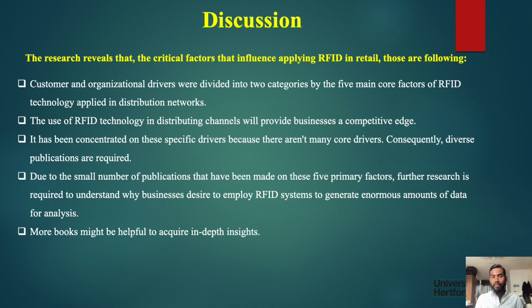Then the use of RFID technology in distribution channels will provide businesses a competitive edge. Then it has been concentrated on those specific drivers because there aren't many core drivers. Consequently, diverse publications are required.